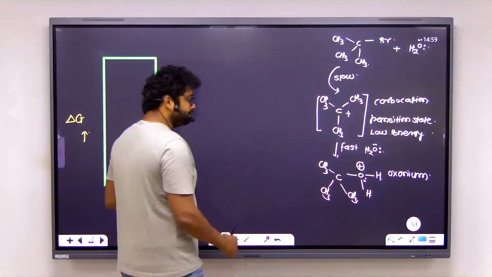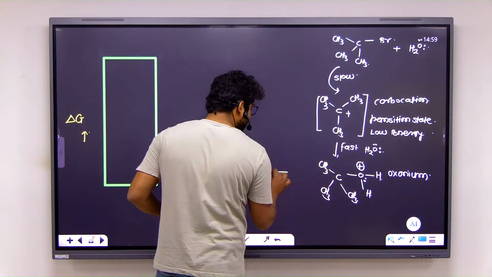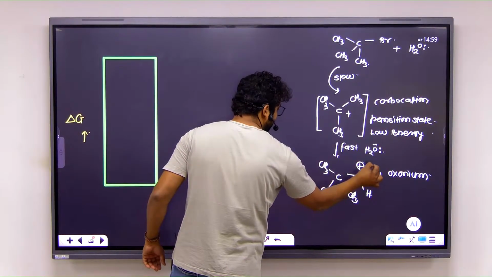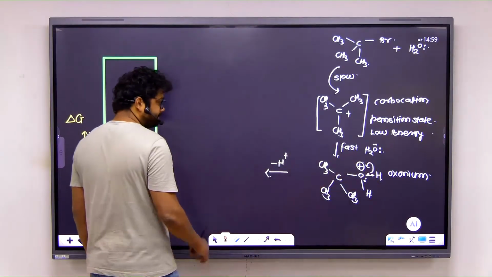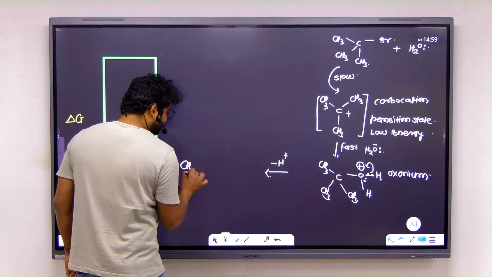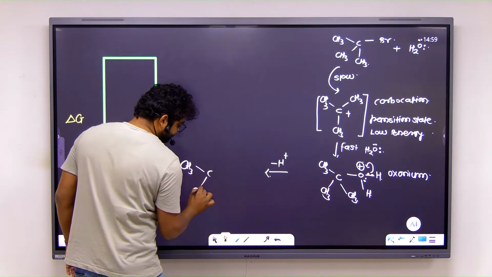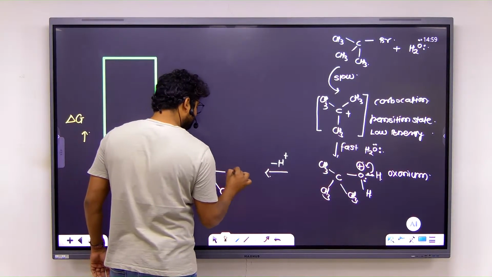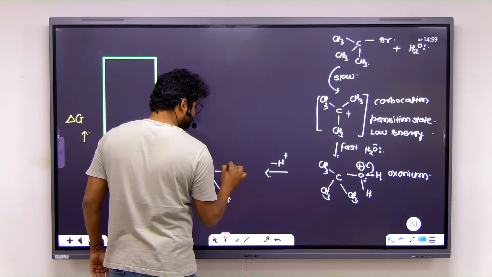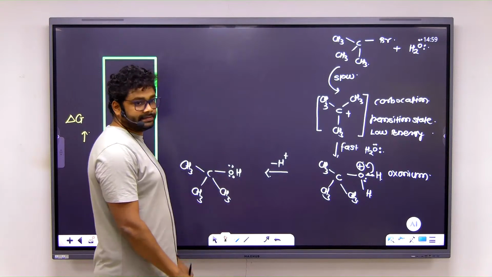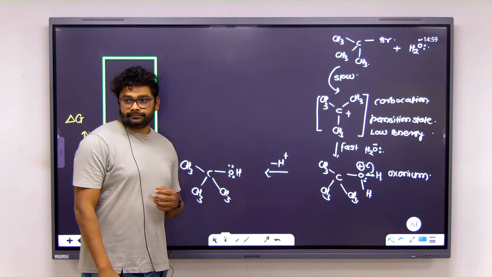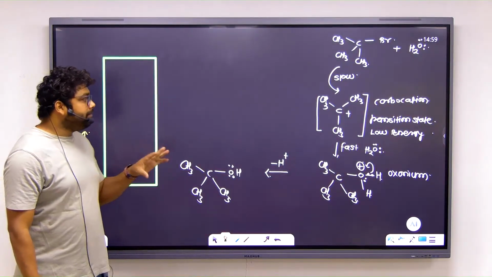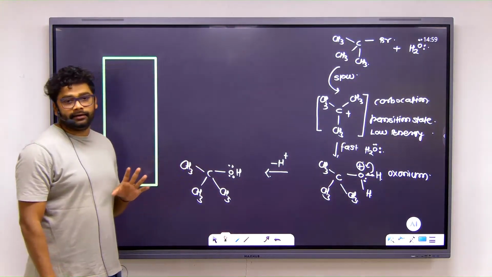So that's why it loses one H plus and gains the electron pair from H, and forms something like that. Yes, it forms like that. So how many steps has it actually taken?